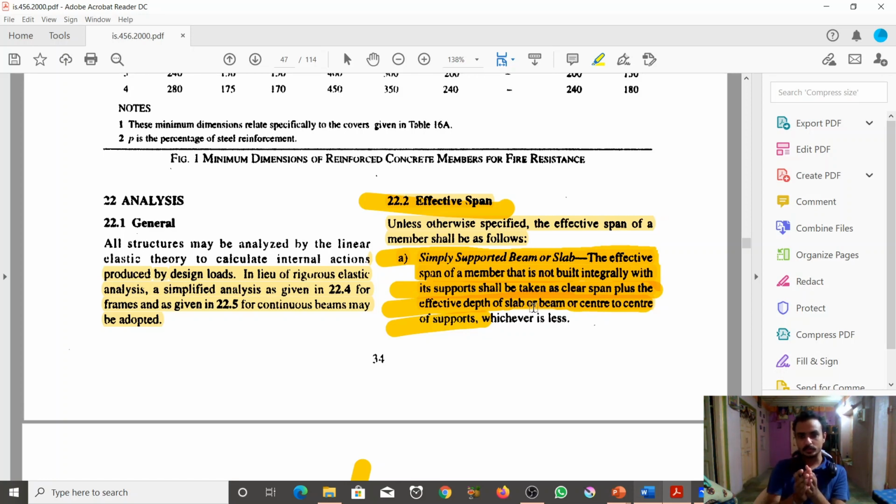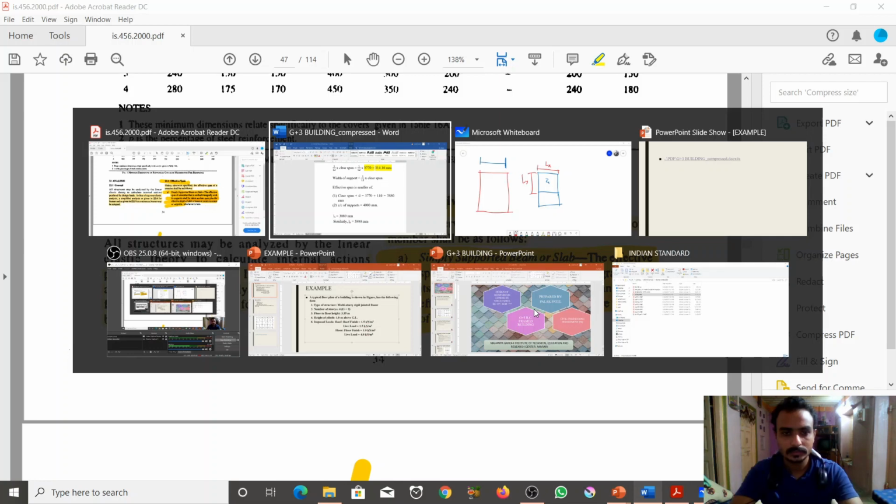So in 22.2a we get two conditions. First, clear span plus effective depth. Second, center to center of supports. Whichever is less, we use.